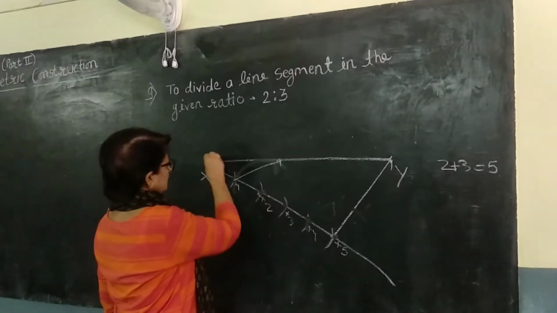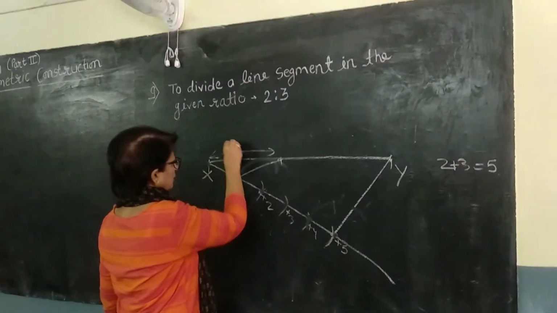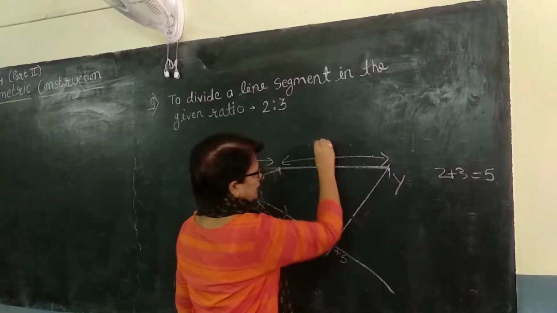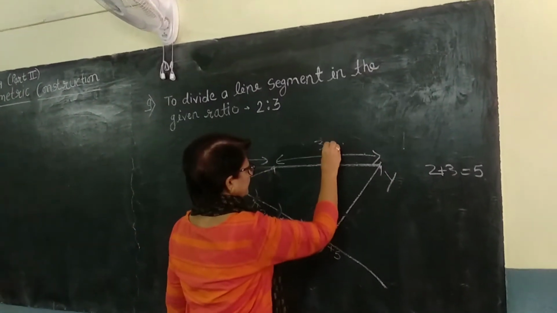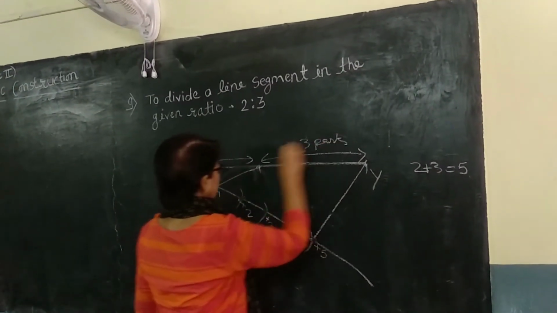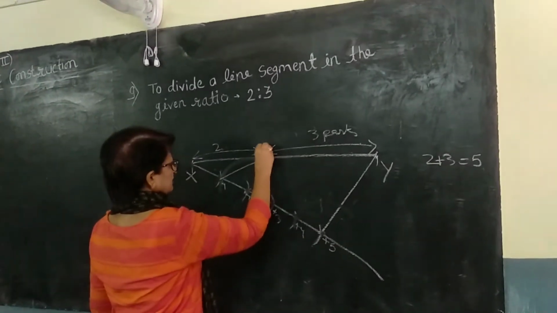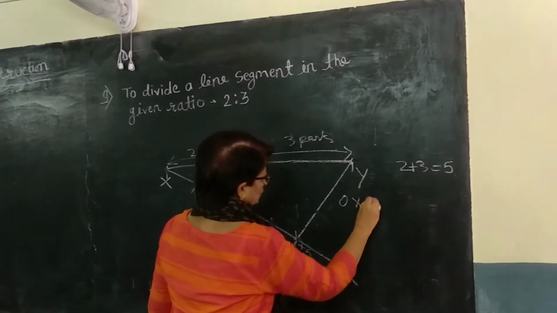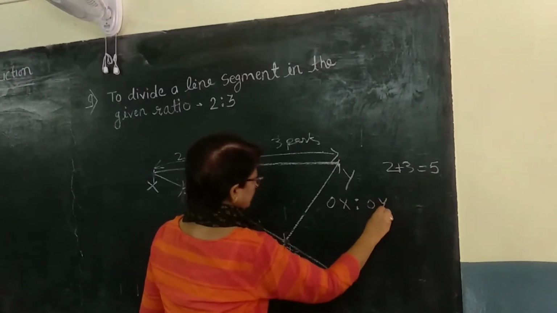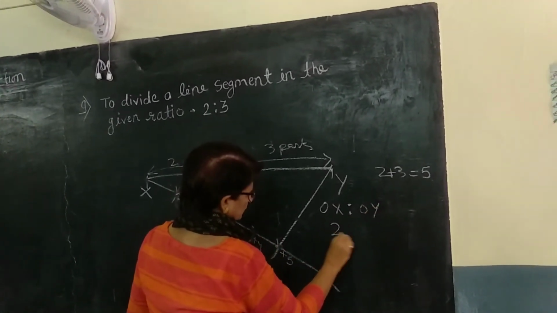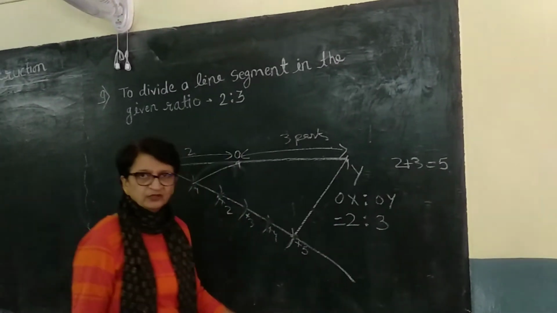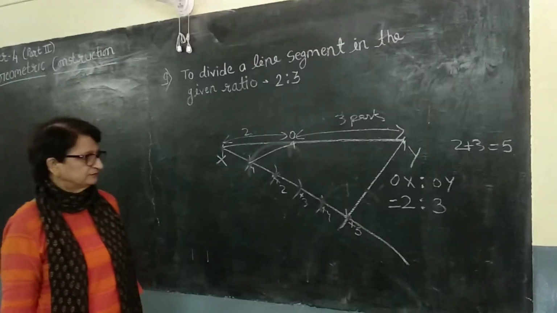So now this is your 2 parts and this is your 3 parts. So let me name it as O. So OX is to OY is equal to 2:3 ratio. Got it? Thank you.